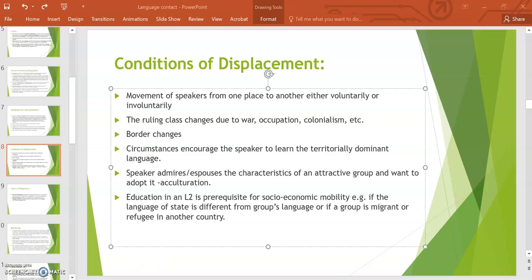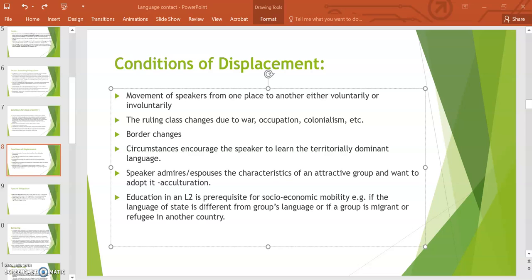Another condition of displacement that promotes bilingualism is acculturation. Here, what is acculturation? Where migrants or minorities or other such groups try to adopt the culture of the new land that they have come to or they have adopted. Why? Because it makes it easier for them to live there and work there. And language plays an important part here. The speakers shift as they admire the characteristics associated with the speakers of the language that they are adopting.